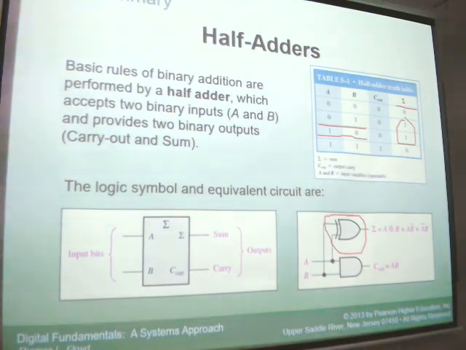And the carry out equals 1 when A equals 1 and B equals 1, so it is an AND gate. So the circuit diagram of the half adder is like this, and we can use this logic symbol to represent a half adder.